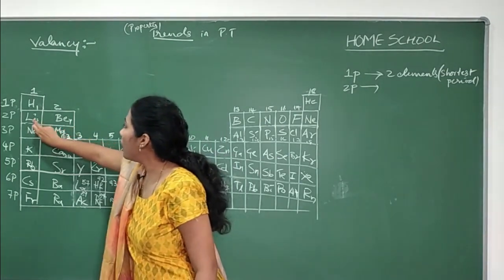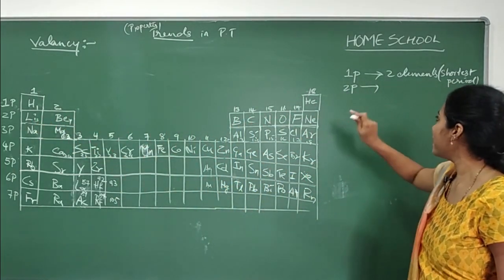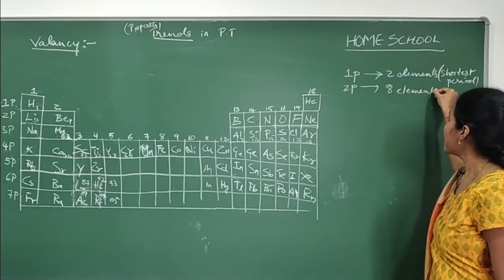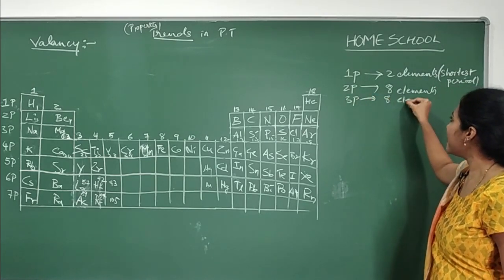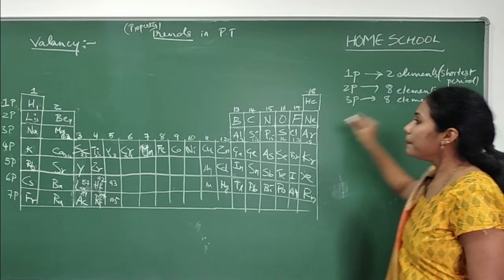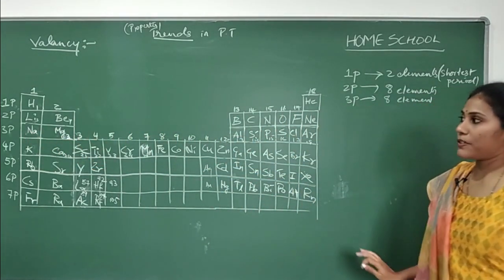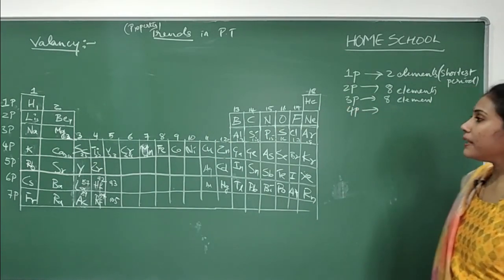Coming to the second period, how many elements? 1, 2, 3, 4, 5, 6, 7, 8. The second period has 8 elements, and the third period also has 8 elements only. Coming to the fourth period, can you count how many elements are there?